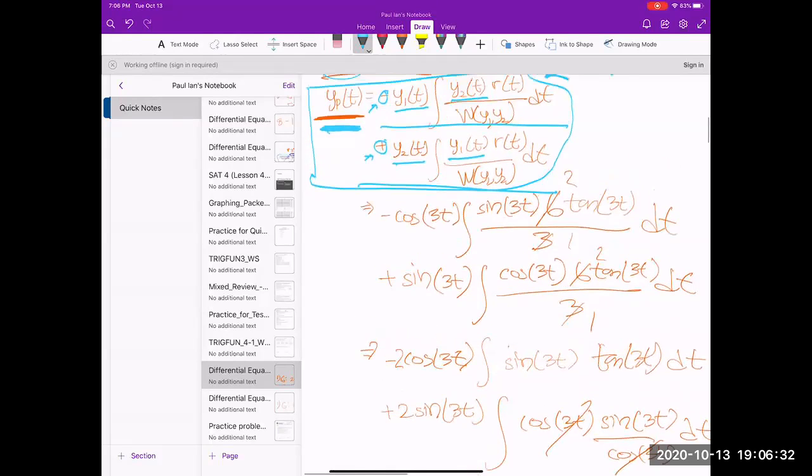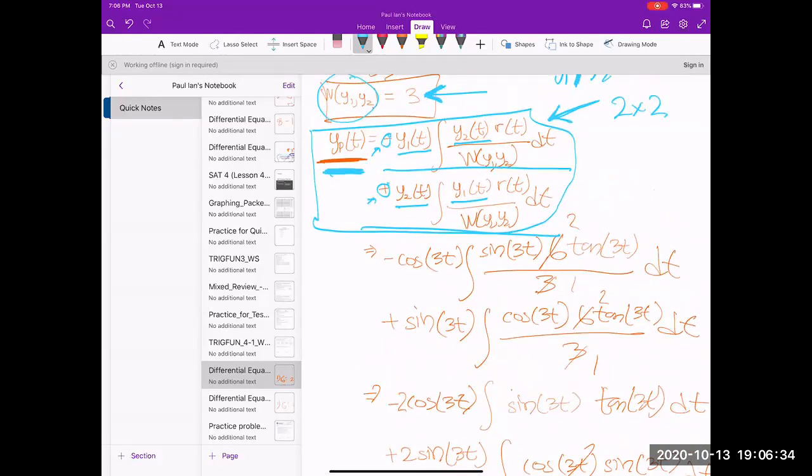The other thing before we do the plug and chug: these terms right here, the ones outside the integral, although they're functions of the variable you're integrating with respect to, you don't put them inside the integrand. You don't multiply them by the integrand.